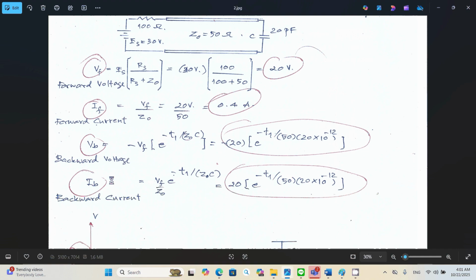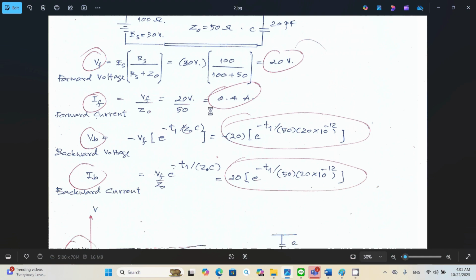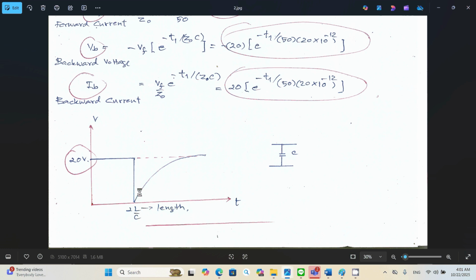This is your IB. This is your plot. You start with the voltage feeding into the transmission line, that's 20 volt. You see it starting charging up from 0 and then reaching the maximum voltage, that's 20 volt. That's problem number 4.